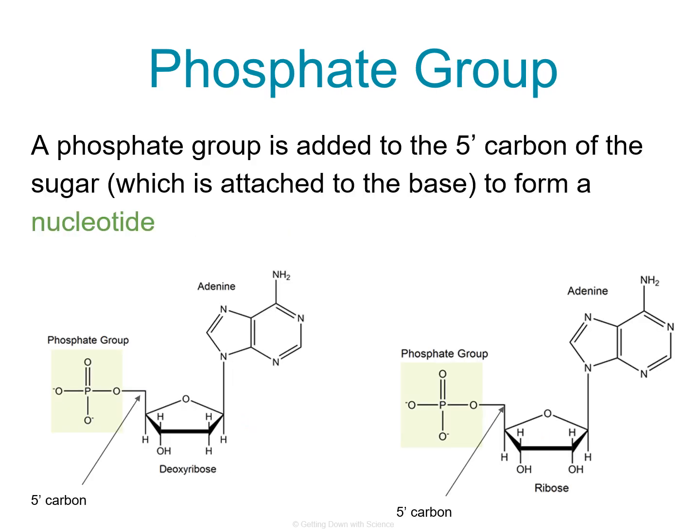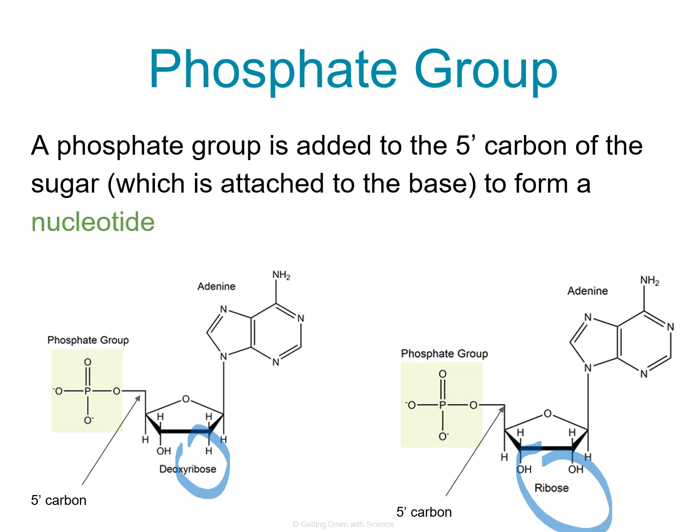The phosphate group is added on to that 5-carbon sugar, which then is attached to the base, and that forms a nucleotide. So it is a big compound. We can tell this is deoxyribose because it doesn't have that oxygen right there.